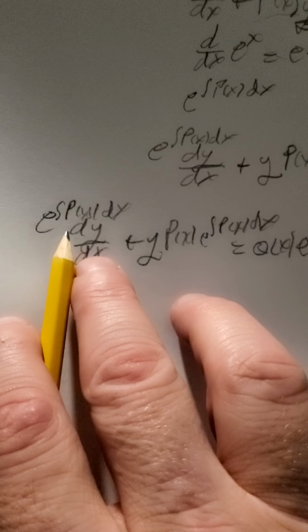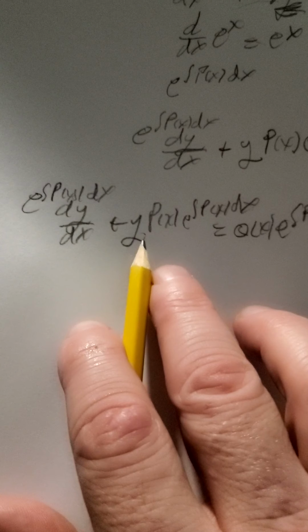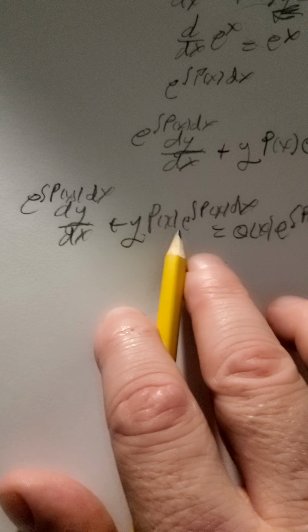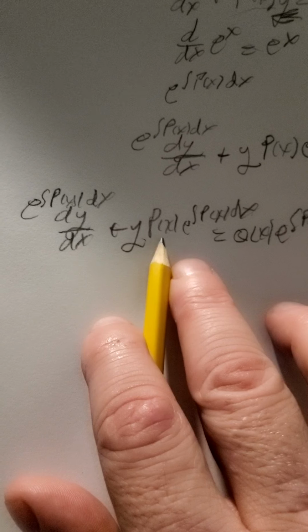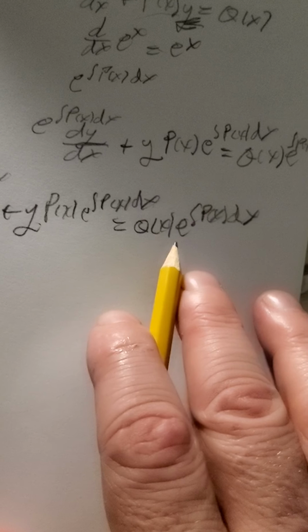See, when you take the derivative of this, you have an inside embedded function, so you use a chain rule. So y times the derivative of the second, which is p of x times e to the integral of p of x dx, which equals q of x times e to the integral of p of x dx. Okay, this can be written as a product rule.